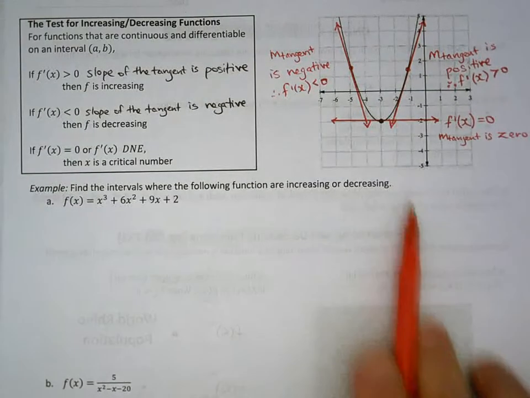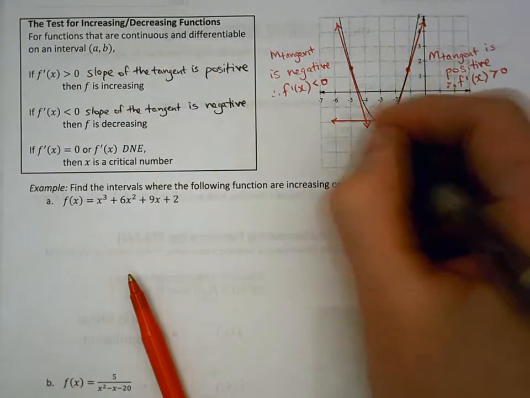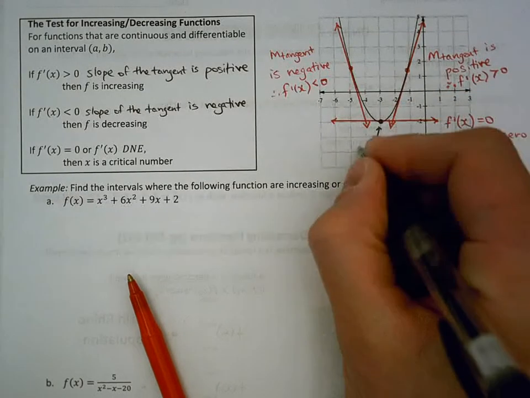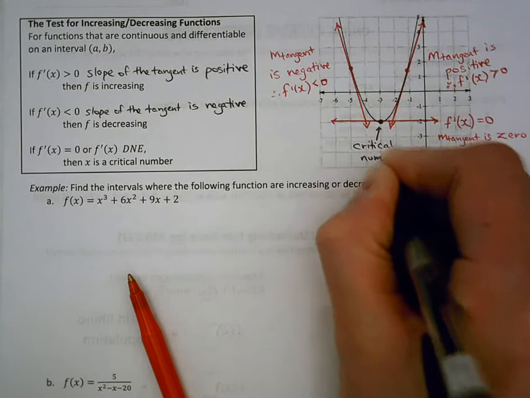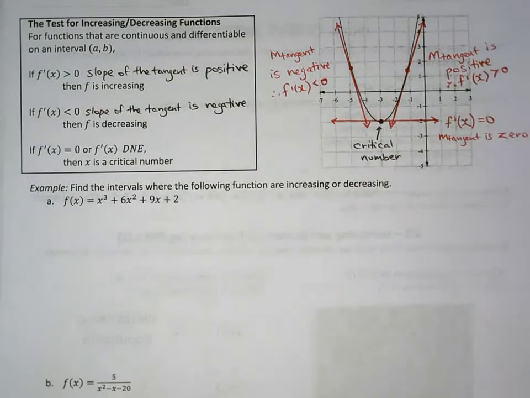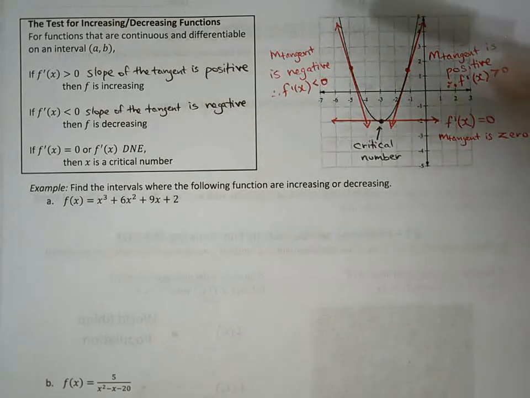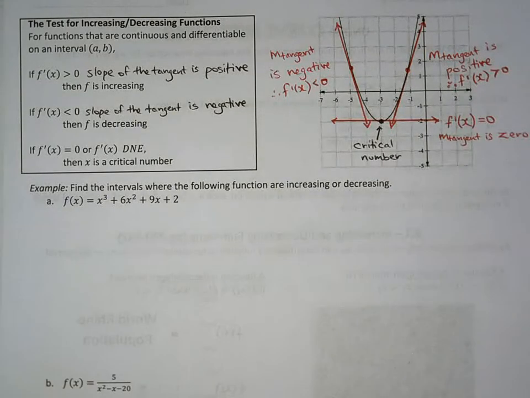We call points like that a critical point, or critical number. And we'll talk more about those in our next lesson. Really, all we care about today is how do I know if something's increasing or decreasing? Well, I have to look at the derivative.